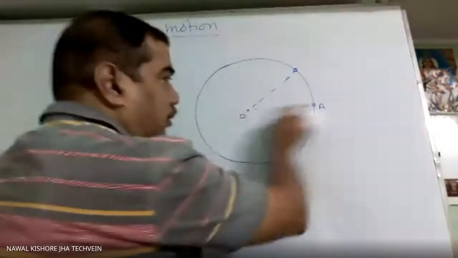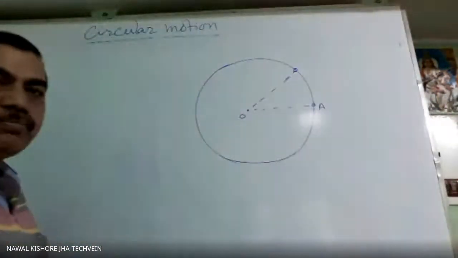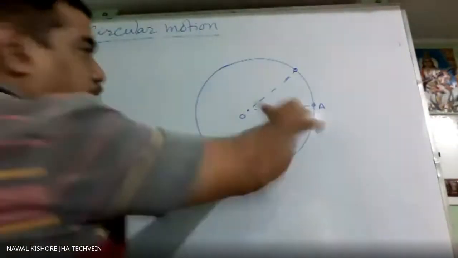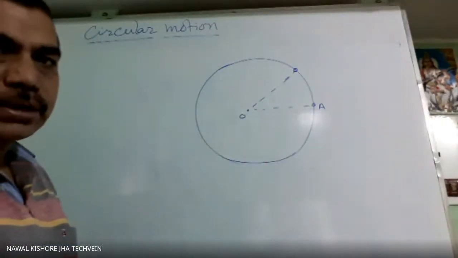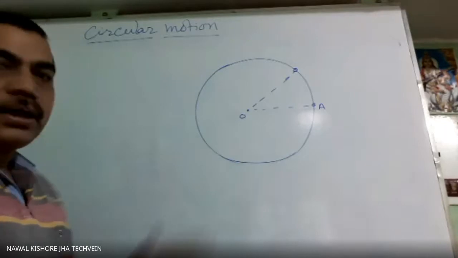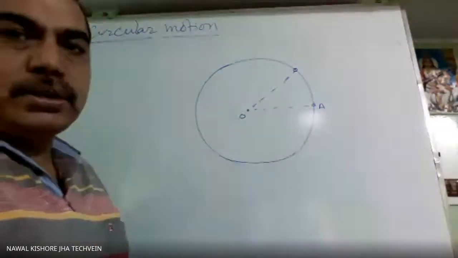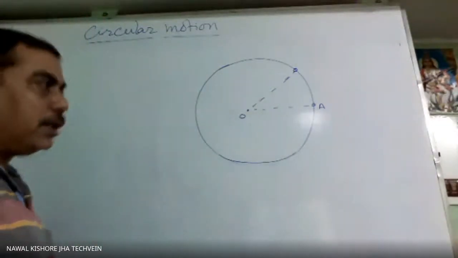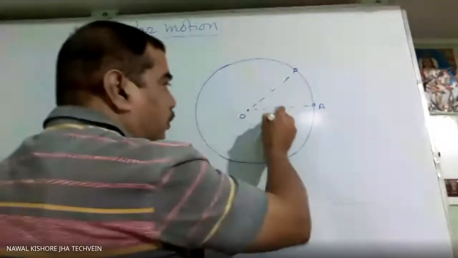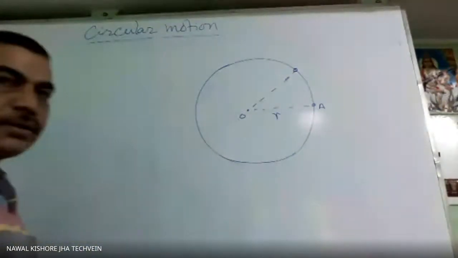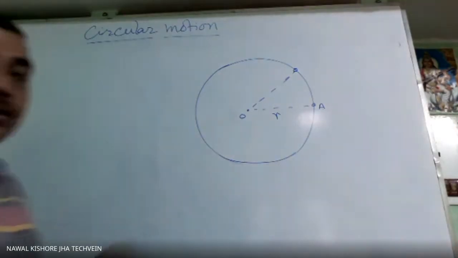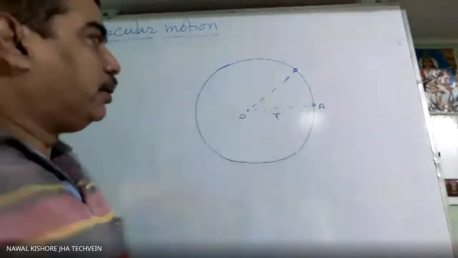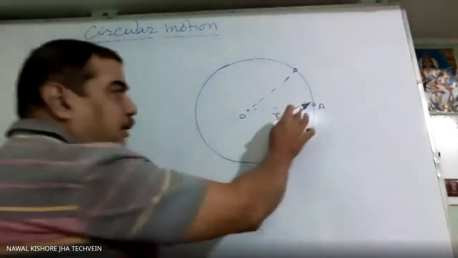This line joining the center and the position of the particle we call the position vector, or as the magnitude is equal to the radius, it is also called the radius vector. So suppose this is the radius r. So OA is the position vector or radius vector.